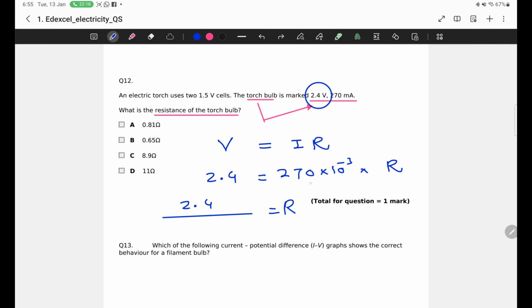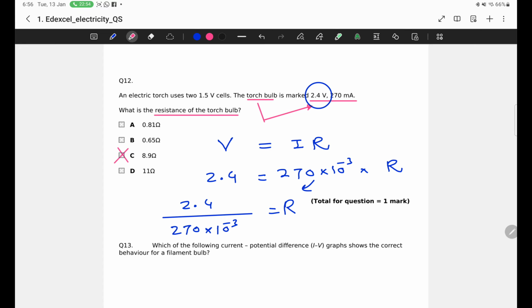So 2.4 divided by 270 exponent minus 3, because we should use the given specification, and I think the answer will be D. Okay, so the right answer is C. We are given the specification of the torch lamp and we should use it.